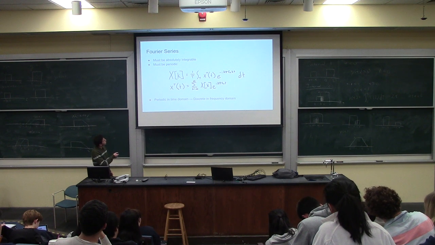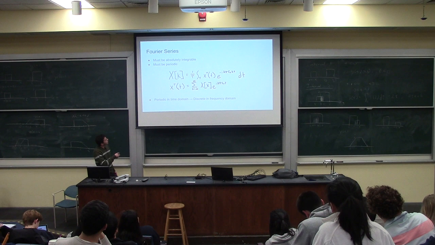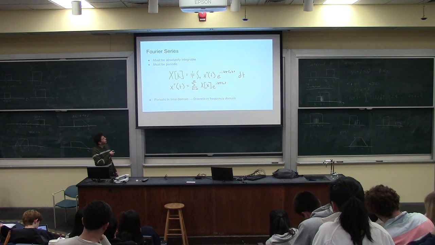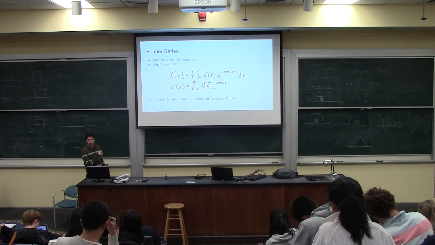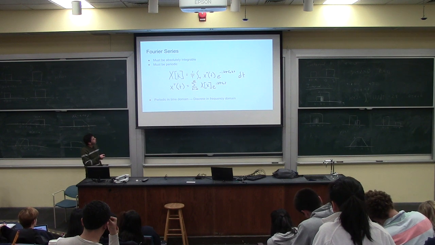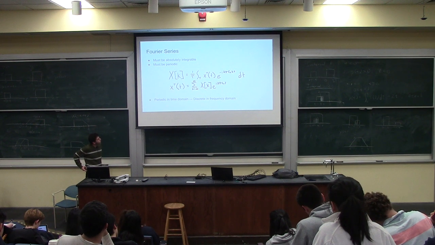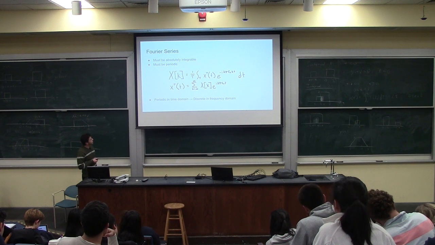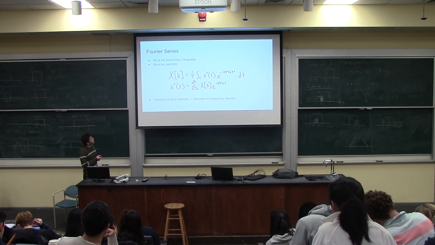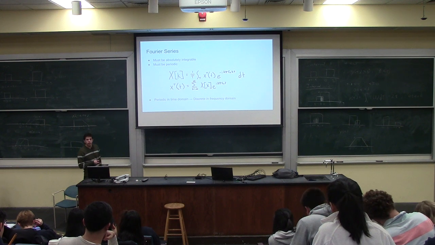This up here is your Fourier series equation. This is how you calculate your coefficients. And this one down here is your inverse Fourier series, and this is how you calculate the time signal back from the coefficients. Notice that for Fourier series, it's periodic in the time domain, which means it's going to be discrete in the frequency domain.